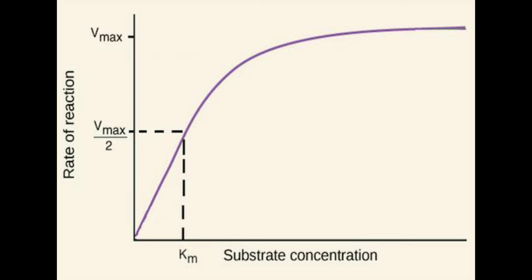Similarly, if Km is much higher, it indicates the affinity between the active site of the enzyme and the substrate is very low. That is why much more substrate is needed to get half of the maximum velocity of the reaction. Okay, so this is the normal graph.